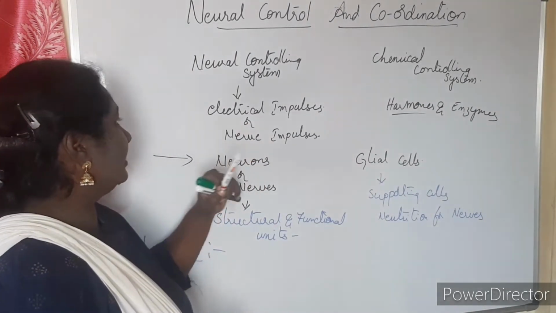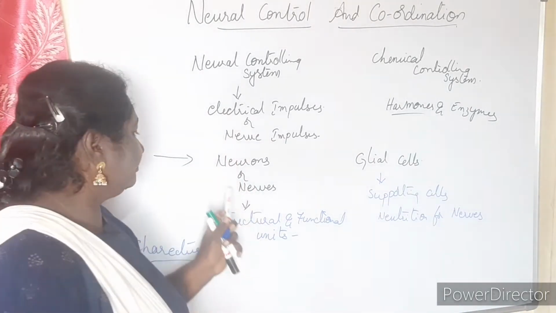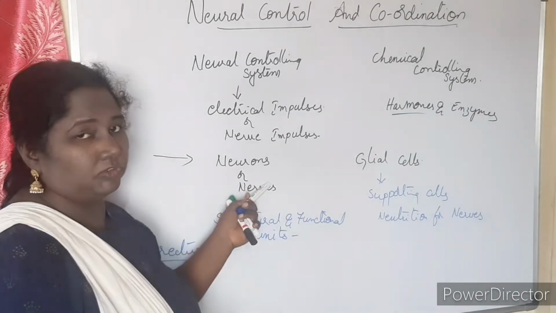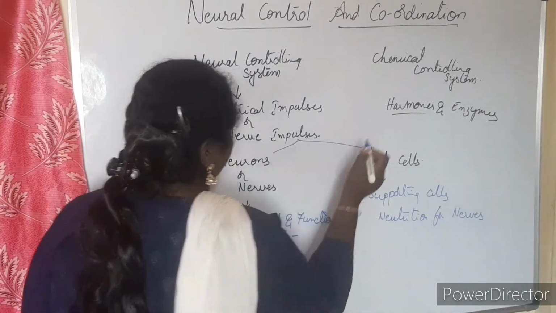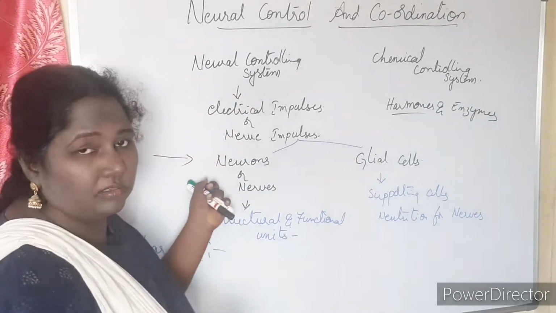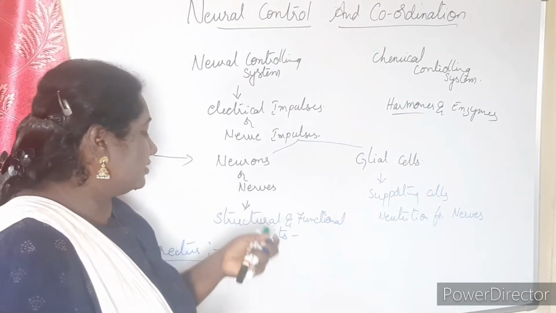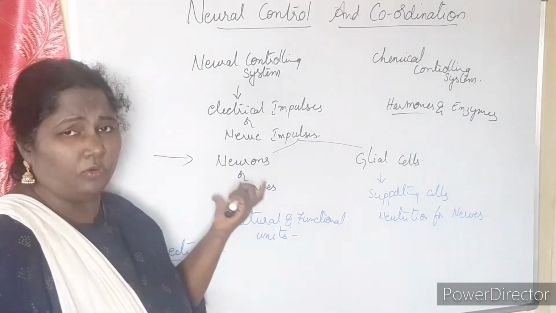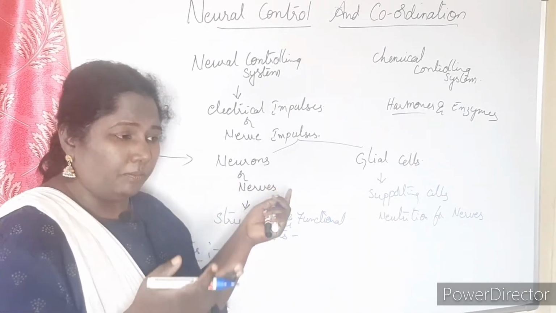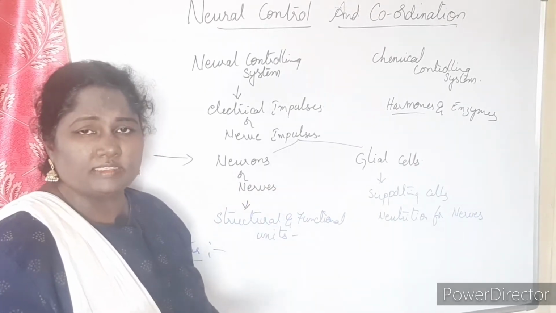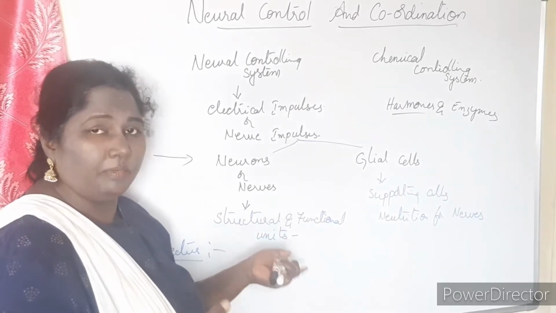The cells in the neural system are of two types. The cells are neurons, or nerves as we call them, and they play an important role in passing signals or electrical impulses from the brain and spinal cord to the organs, and from the organs to the spinal cord and brain.